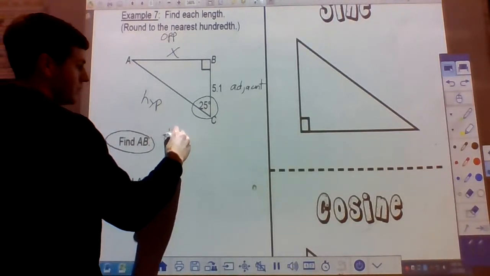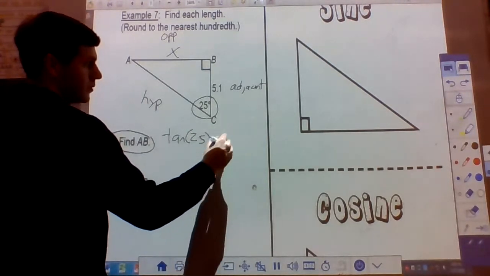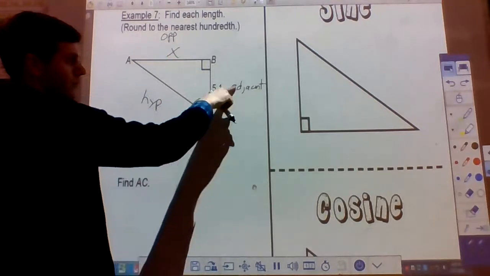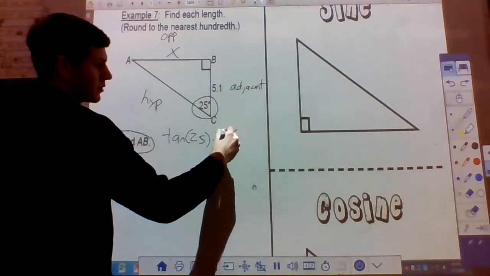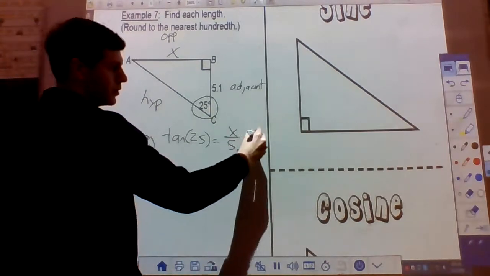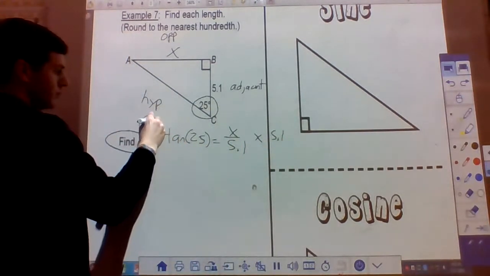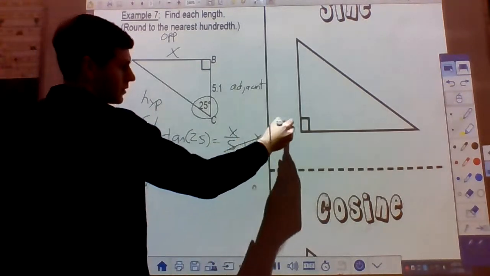So we have the tangent of 25 equals opposite over adjacent. That's x over 5.1. We then need to solve for x, so we multiply both sides by 5.1. These cancel.